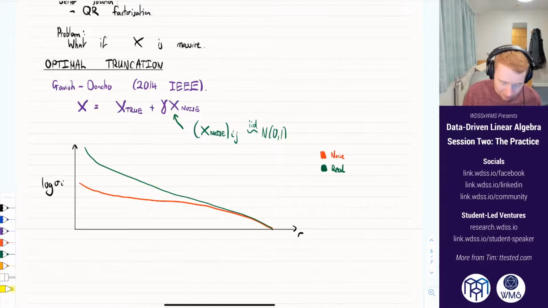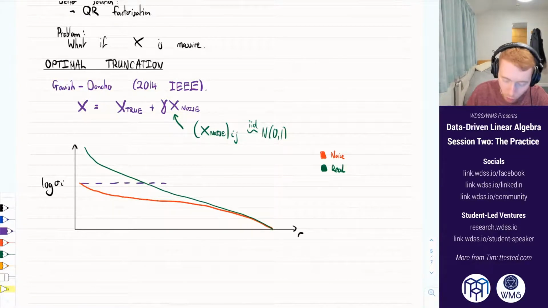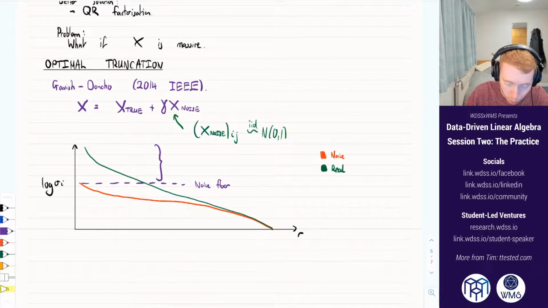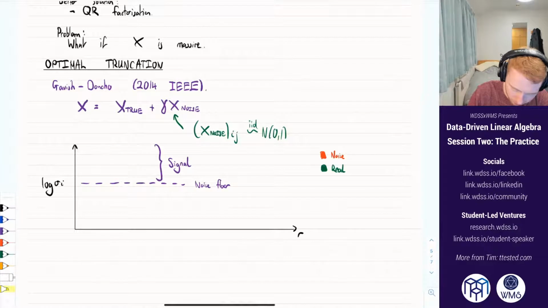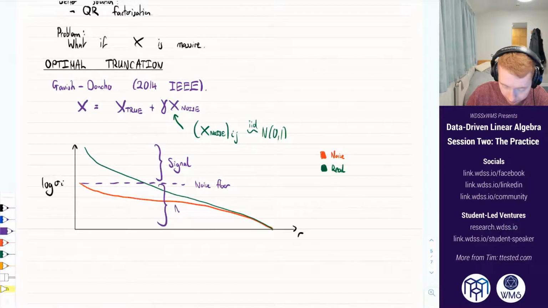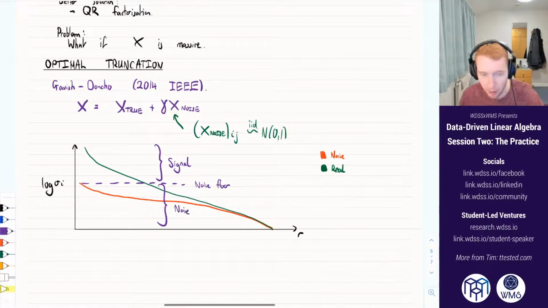The idea is that we take this thing called the noise floor, which we define as the maximum singular value of the noise matrix. We then assume that everything above that noise floor is our actual signal, and anything below that must be noise. That's the assumption we work under.